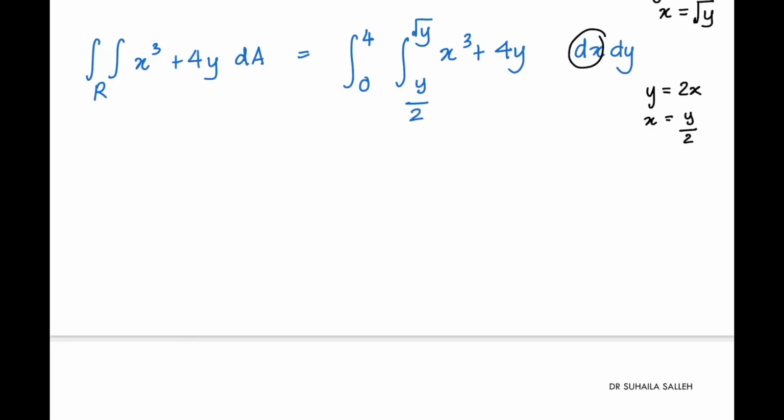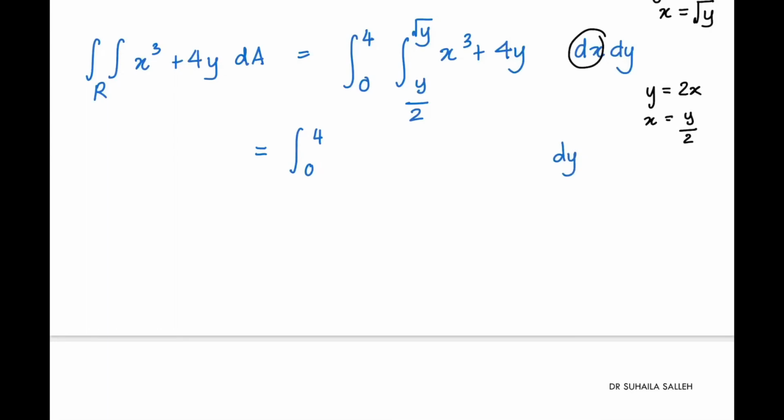Right, let me just do this. So equals to, we are integrating with respect to x first. We start with the innermost integral. So integrate 0, 4 and dy, you have to write that down.